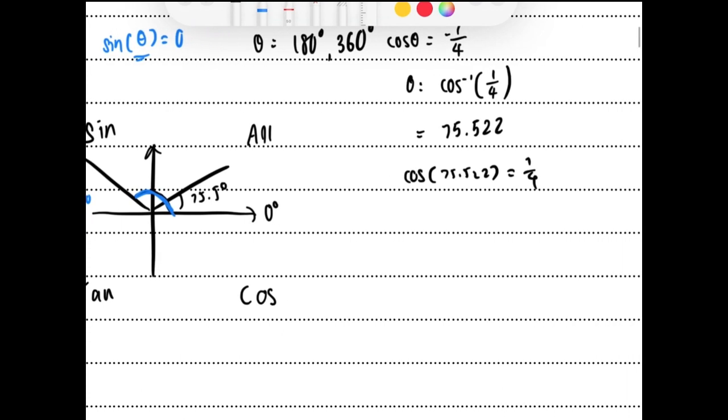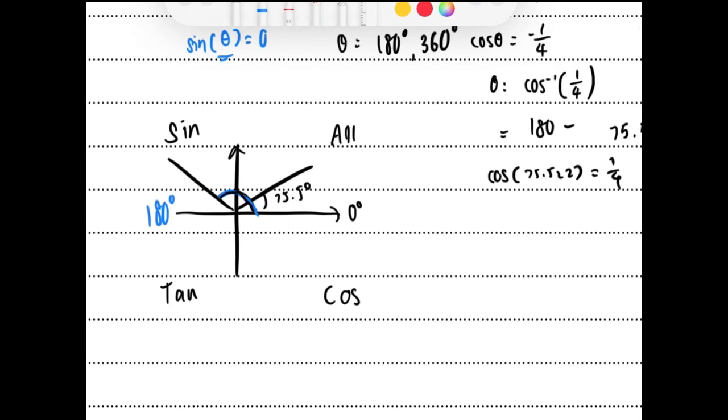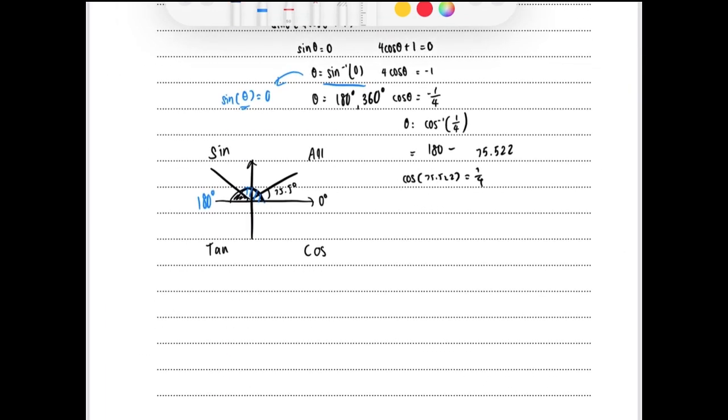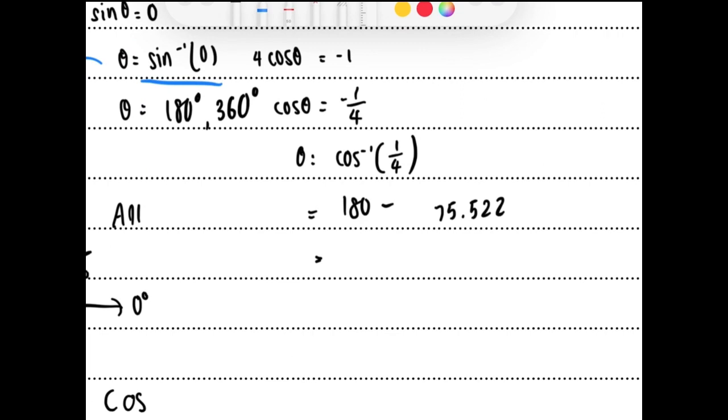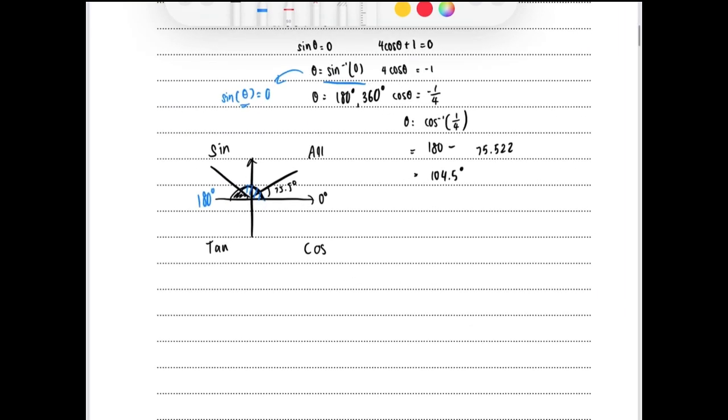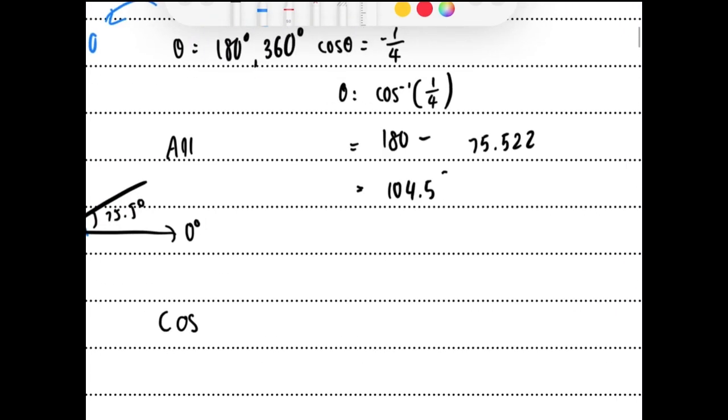So what you need to do here is 180 minus 75.522 to find this angle. You have 180, you're minusing this part off to find this angle, and that will be in your sine quadrant. So that makes your value when you sub it into cos a negative 1 over 4. So let's type that in. You're going to get 104.5. I've rounded it to 1 dp.